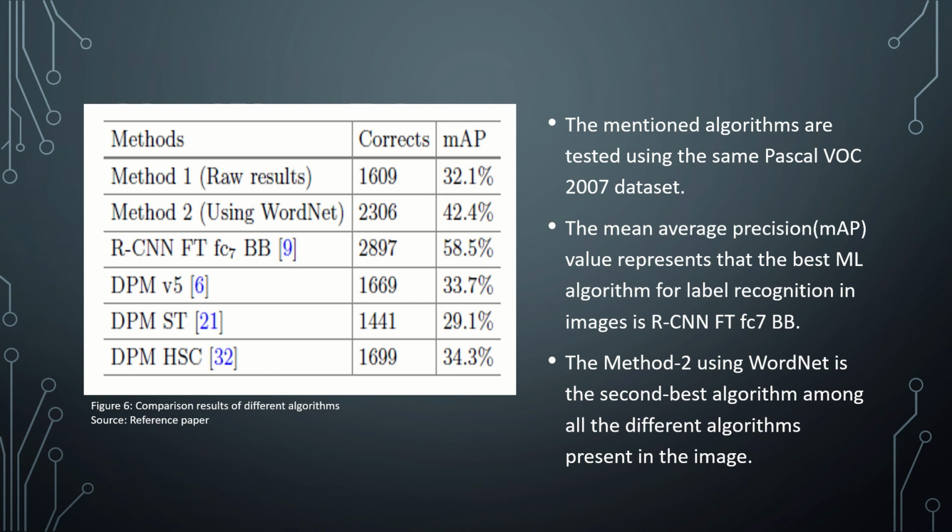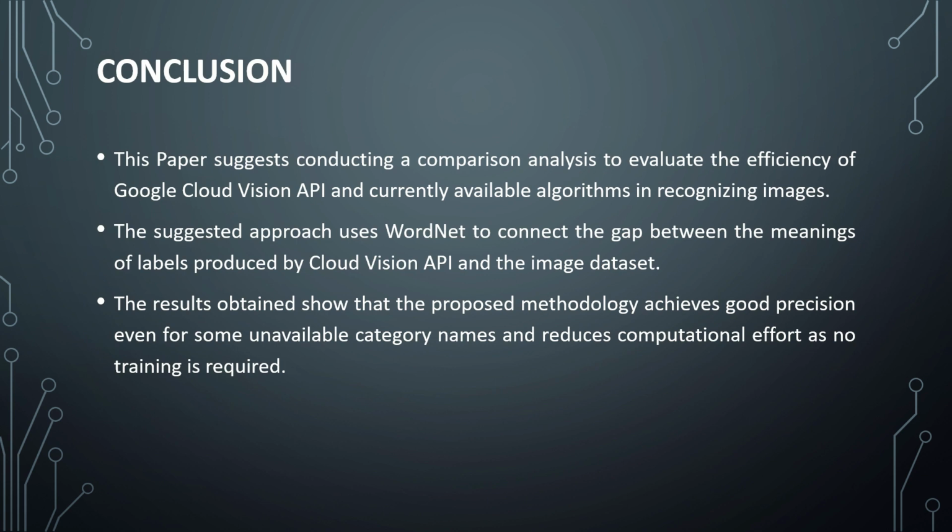And if you see method 2, that is using the Google Cloud Vision API with WordNet, it has a mean average percentage of 42.4 percent, which is the second highest, and it is better than three well-known machine learning algorithms like DPM V5, DPM ST, and DPM HSC algorithms.